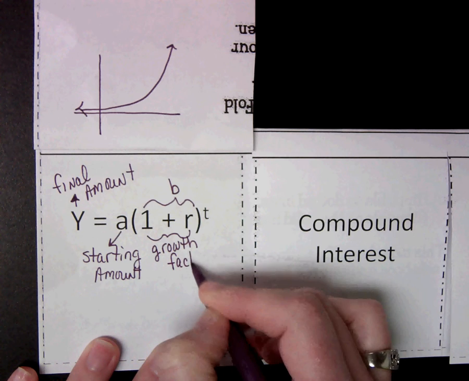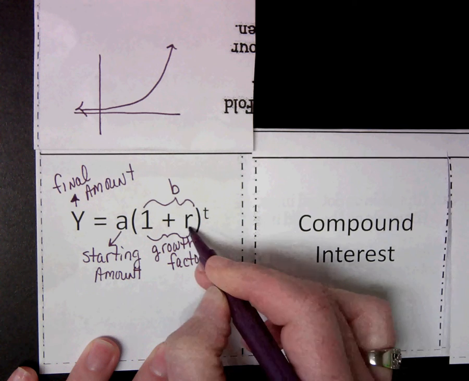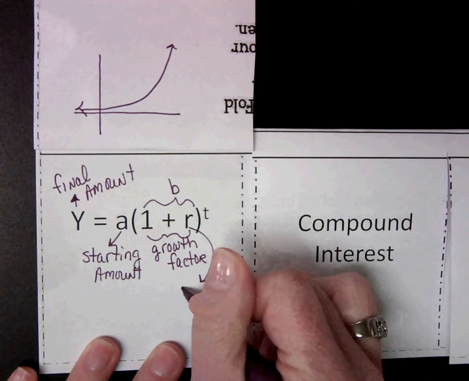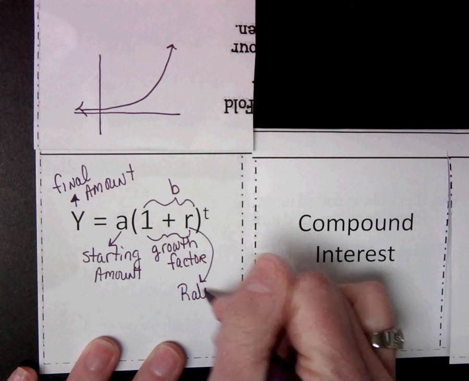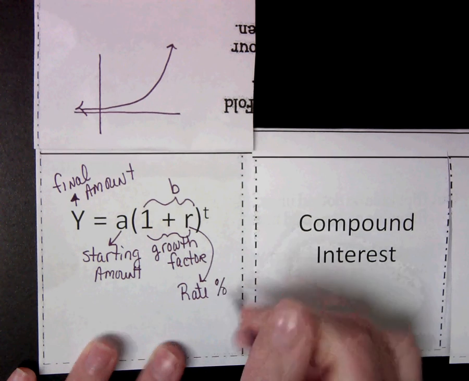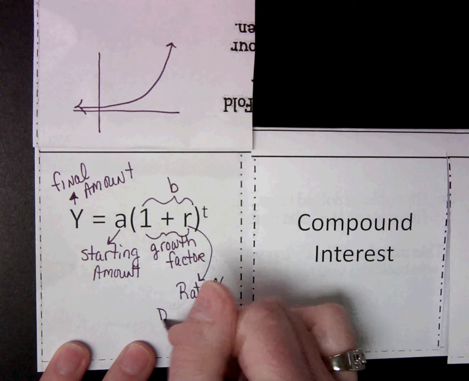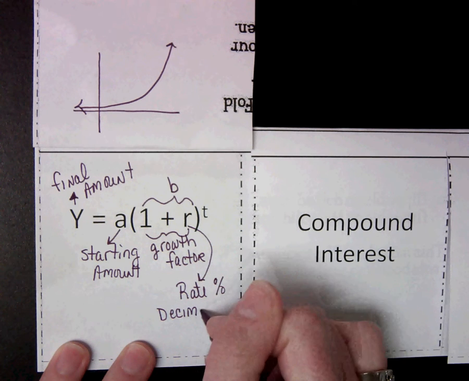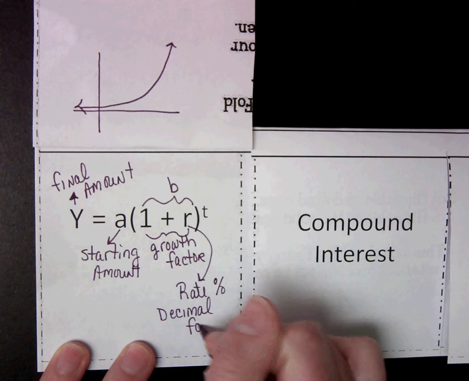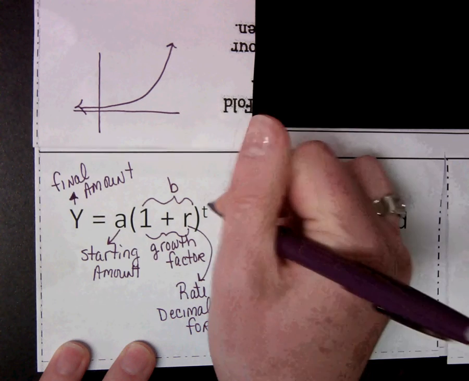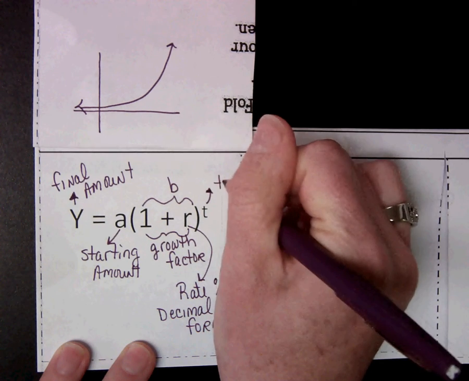The r stands for the rate or percent, and when we put this into our equation, we're always going to put it in decimal form. And then the t is going to stand for our time.